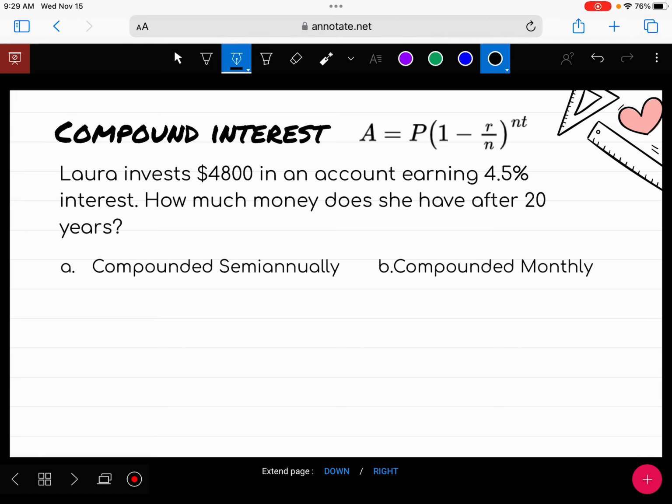Like A equals P(1 minus r over n). I will check and see if we give you those formulas, but honestly, I'm not sure. I think yes, you do need to know them. I don't have the actual test in here yet, though. Okay.